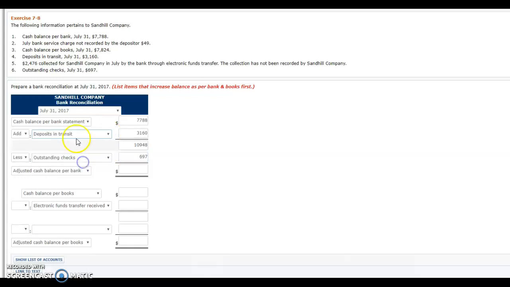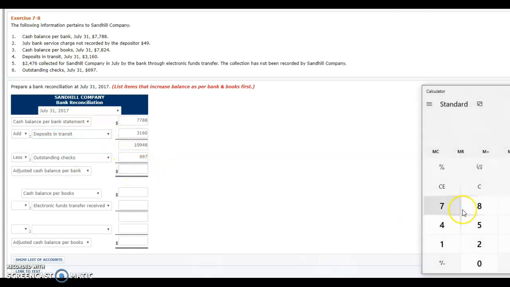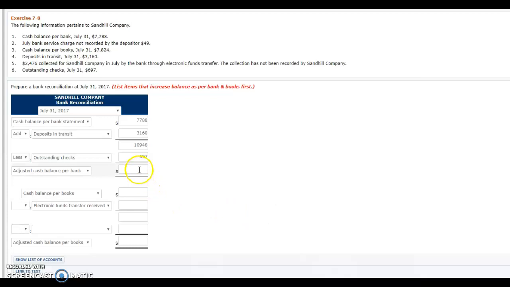I thought I clicked that. There we go, deposits in transit. So when we subtract out the checks, we take 10,948 minus 697, which gives us the 10,251 that I have.